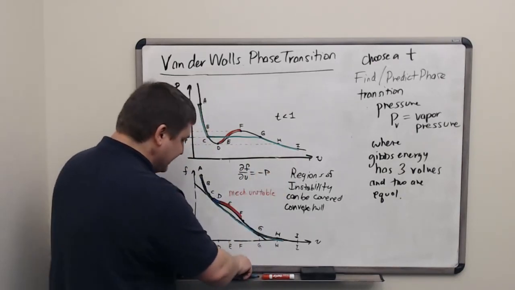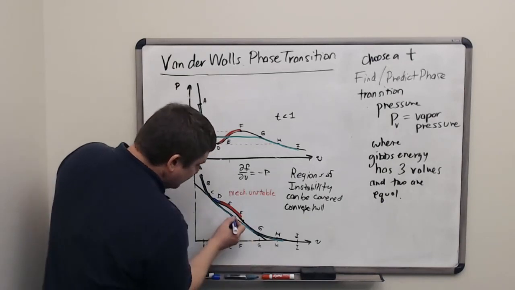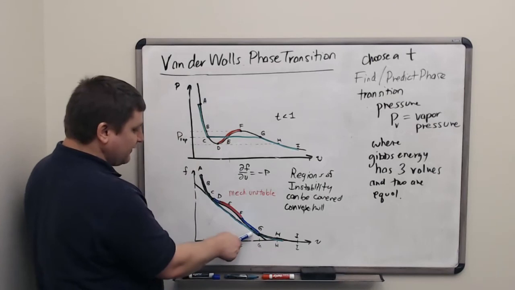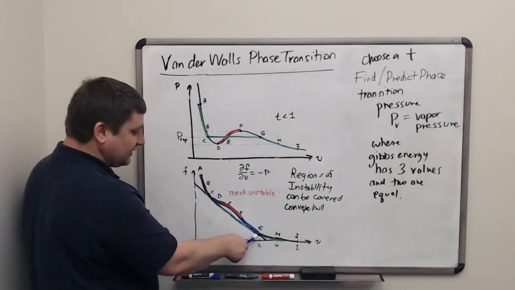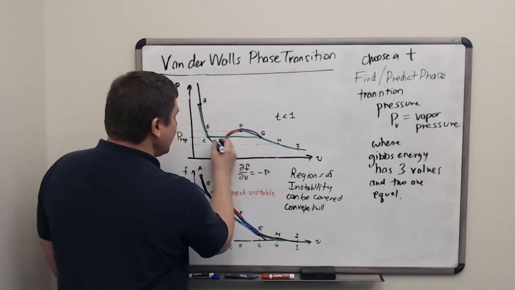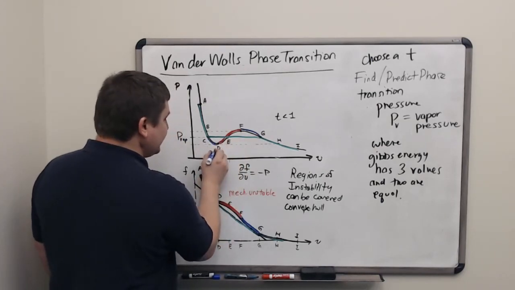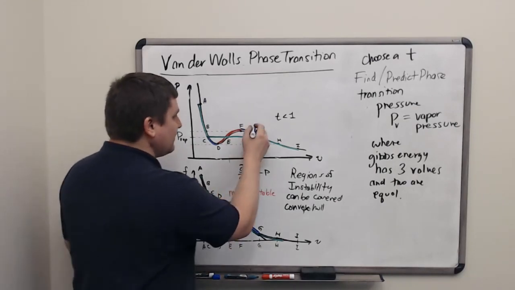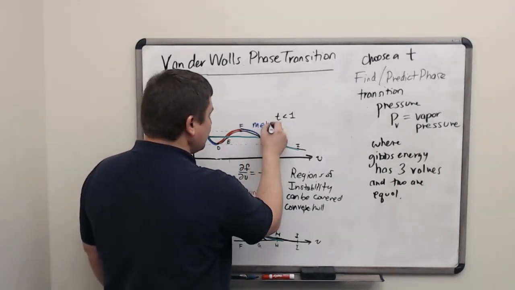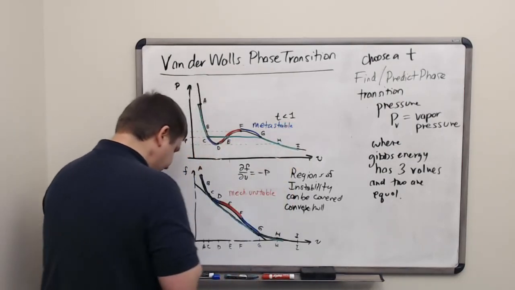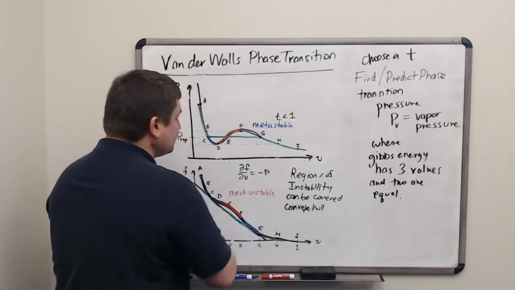The regions of metastability here are between the regions of instability and the regions where this convex hull line touches the free energy curve. So between C and D, and between F and G are the regions of metastable states. Okay.